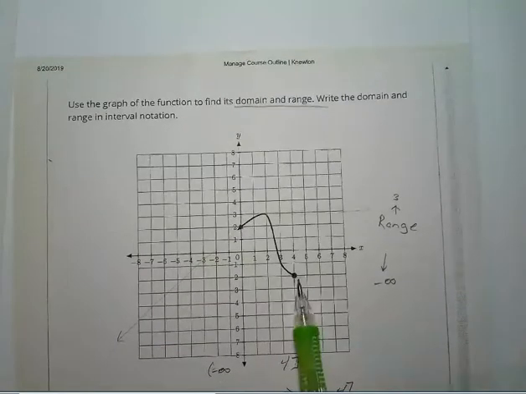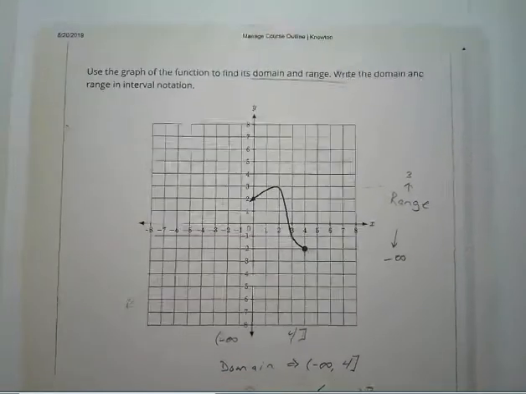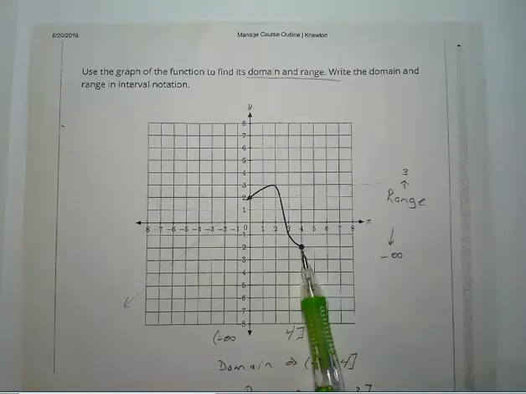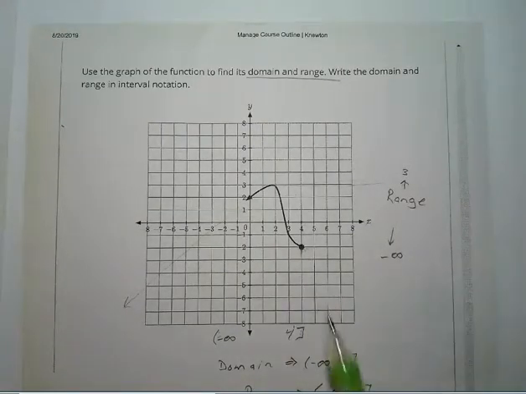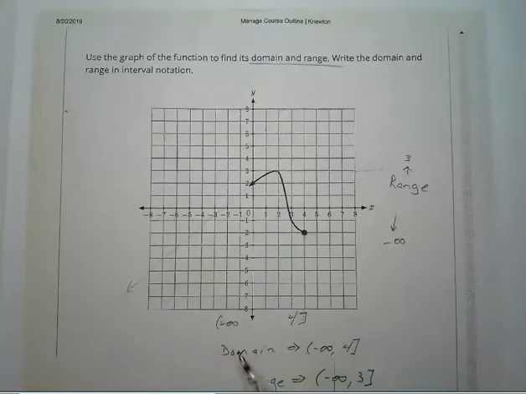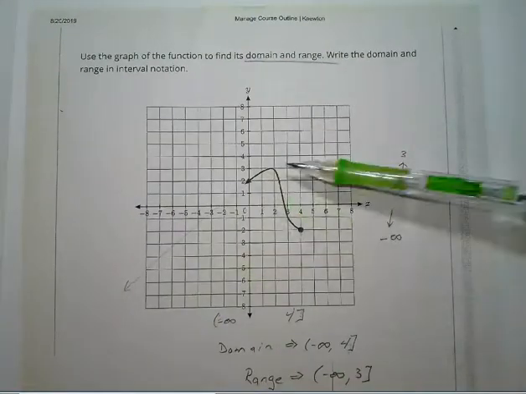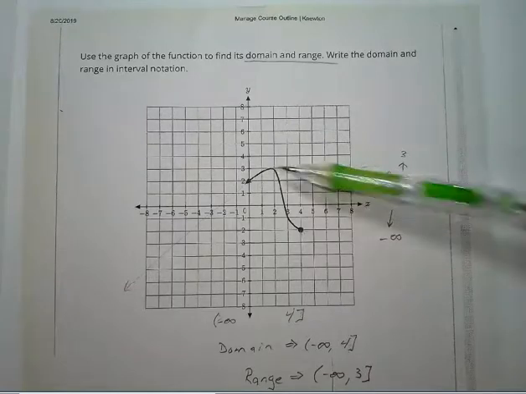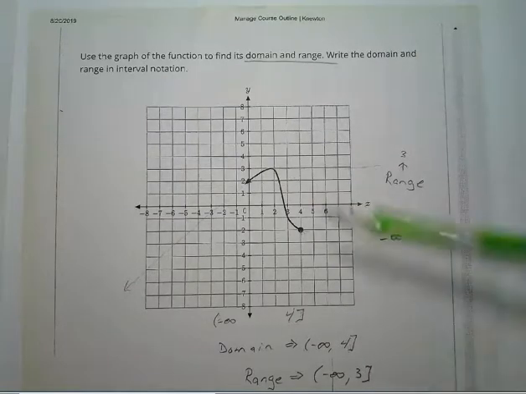But notice that closed circle. Because of that closed circle, our domain is from negative infinity to positive 4, but we use a bracket because of that closed circle. And our range is from negative infinity all the way up to positive 3, and because there are no open circles or anything like that, we're also going to use a bracket.